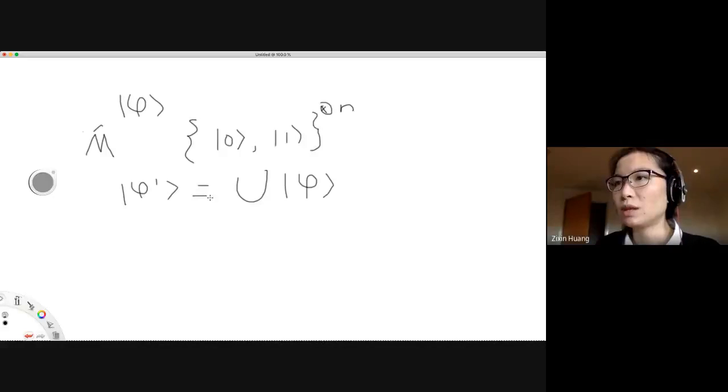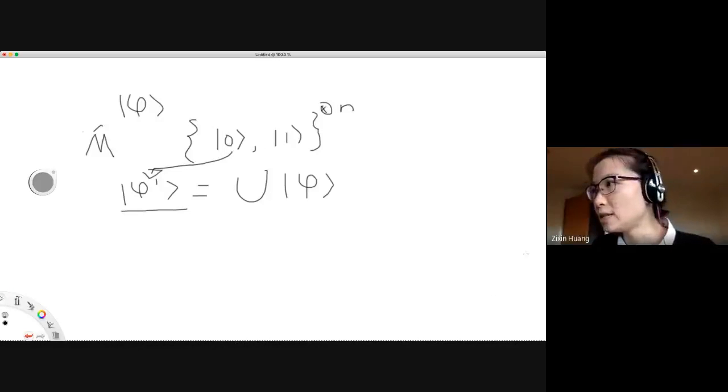And I can definitely also measure psi dash in the computational basis, right? So I can do something to the quantum state first, and then I can measure in the computational basis.